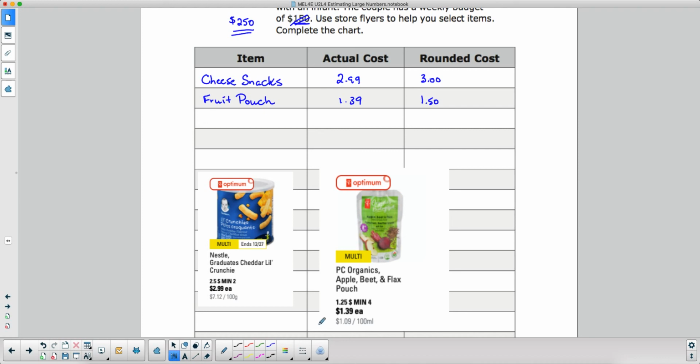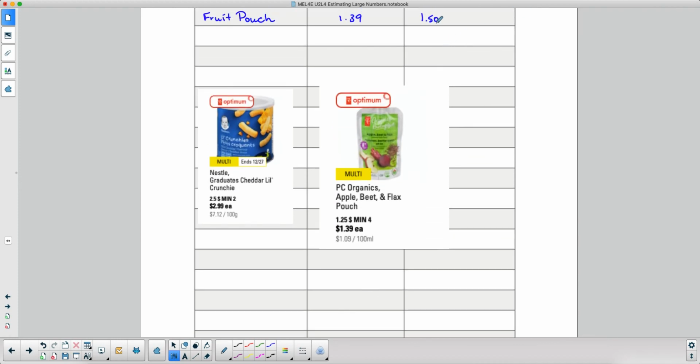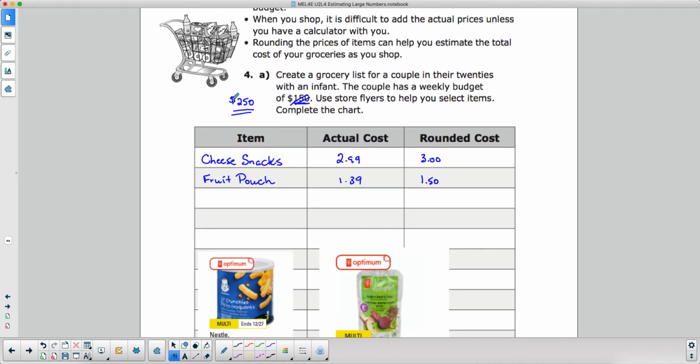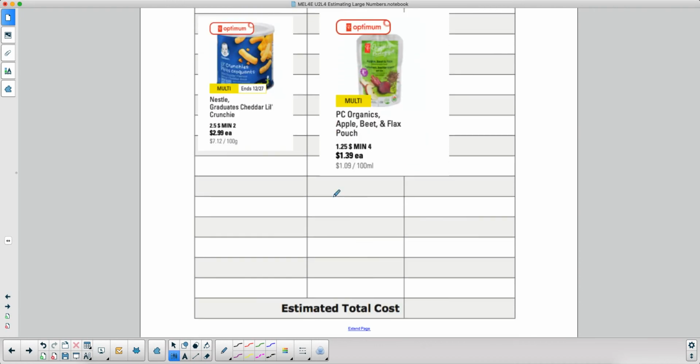You can work in pairs if you want. Find online and make a little list. Fill in this whole chart and give the rounded cost. Then you're going to do an estimated total just by doing a running total from here and try to get up to, remember, you're not going past $250. And this is a grocery store list for the week. So go online and try and find those items.